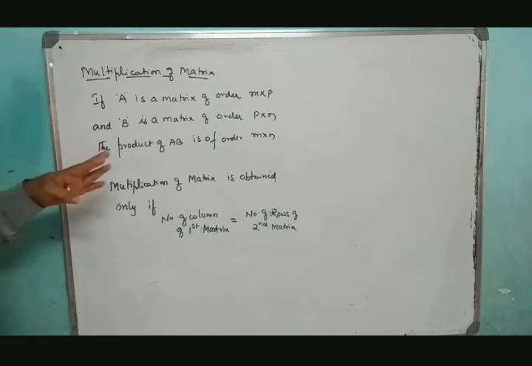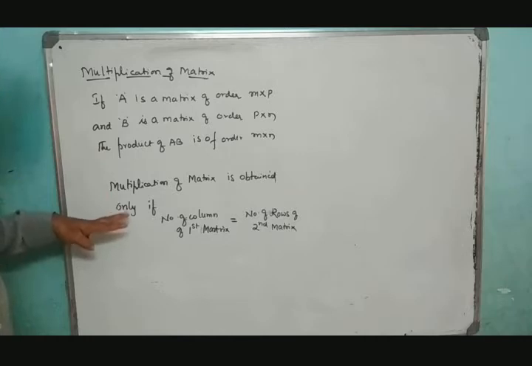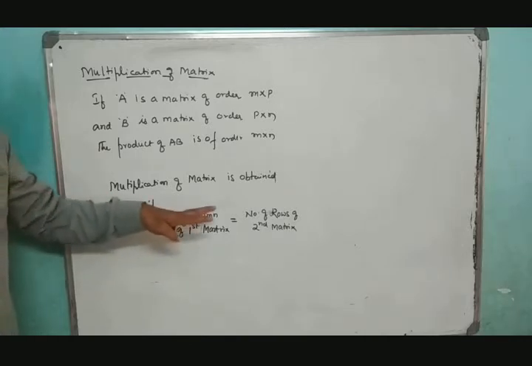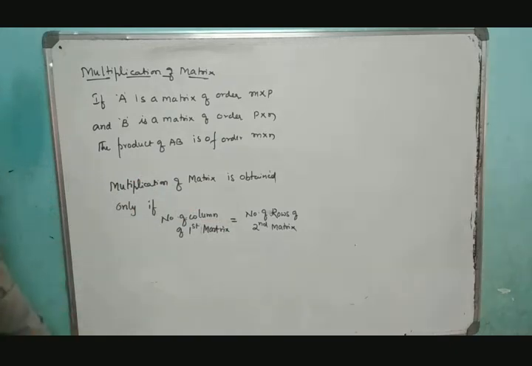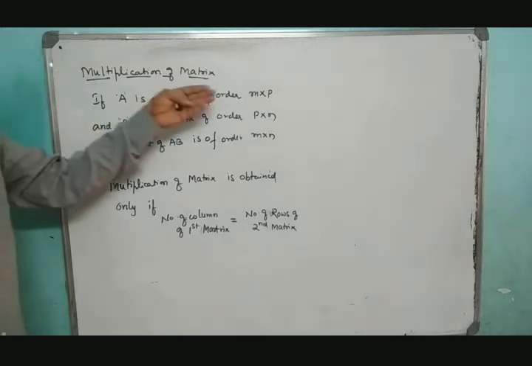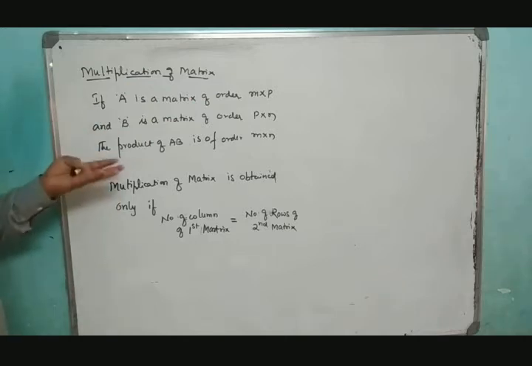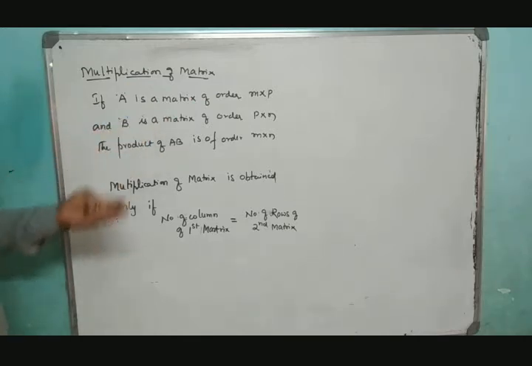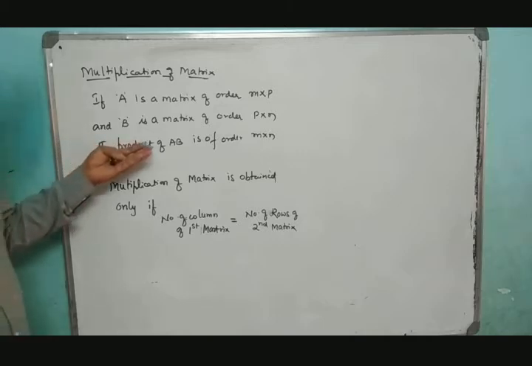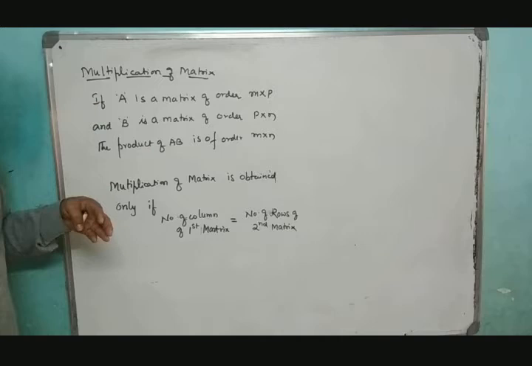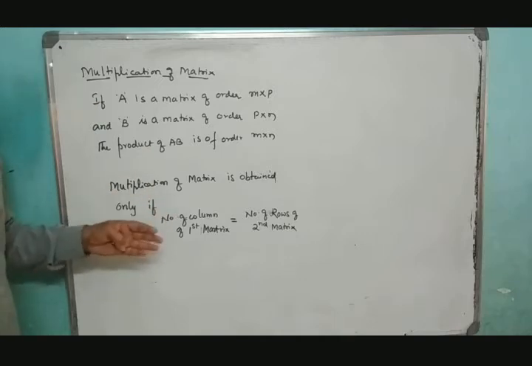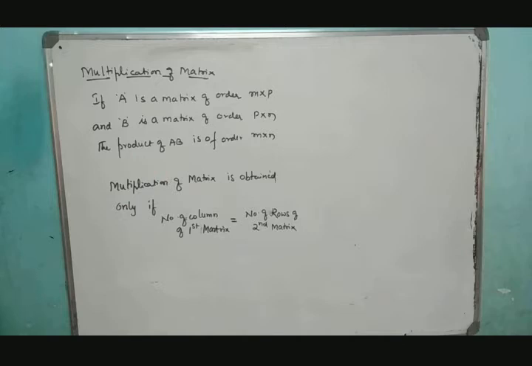Okay, how can we tell the multiplication of matrix is obtained? It can be obtained only if the number of columns of the first matrix is equal to the number of rows of the second matrix. If A is a matrix of order M cross P and B is of order P cross N, then the product is of order M cross N. So to obtain the product AB, the number of columns of the first matrix should equal the number of rows of the second matrix.